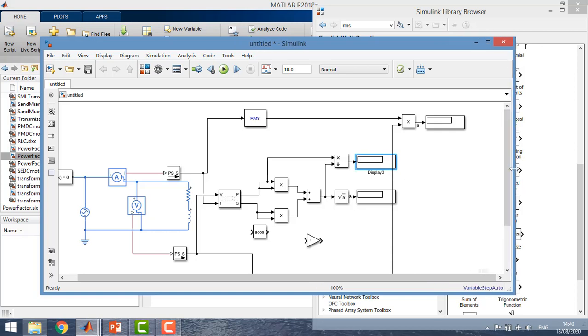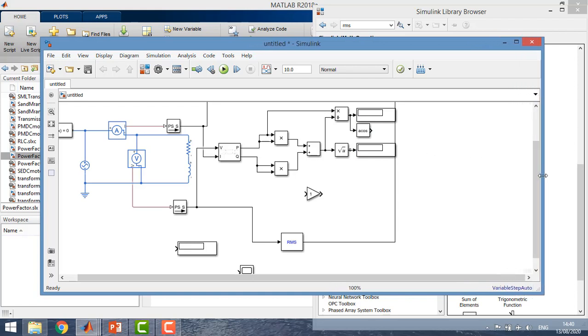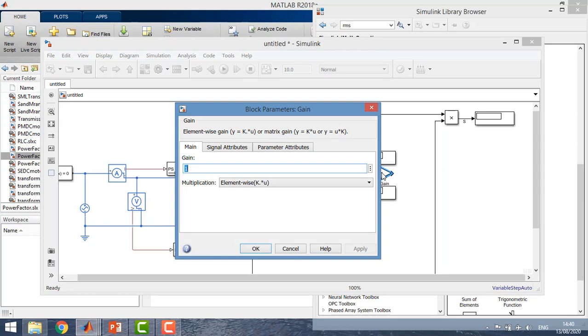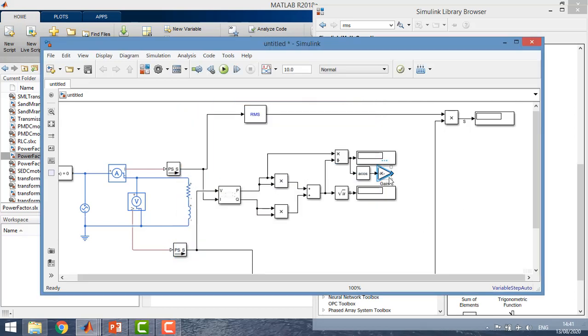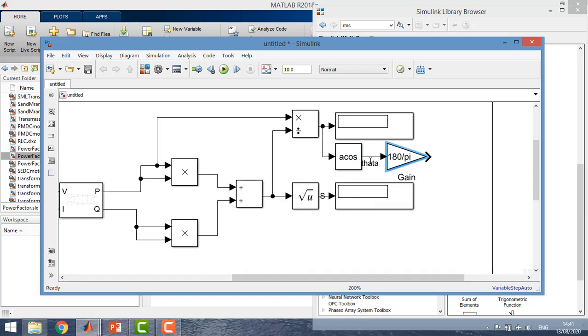We can also find theta by taking the inverse of cosine theta, and we need to multiply that by 180 degrees and divide that by pi, because the angle theta here is in radians. We need to change it to degrees.